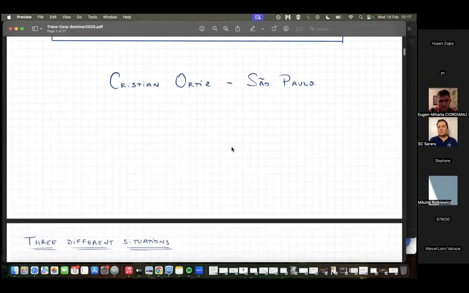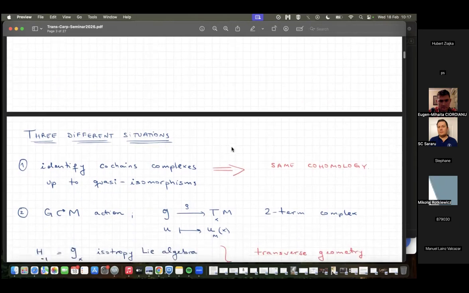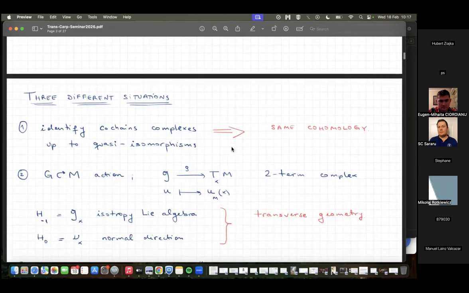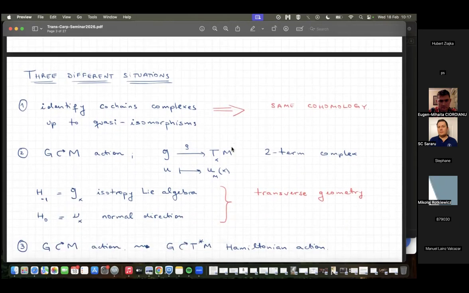For that, I decided to start with three different situations which arise quite often. The first one: one usually deals with cochain complexes encoding some information.